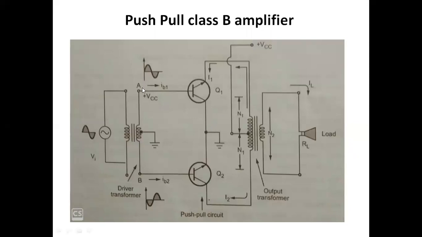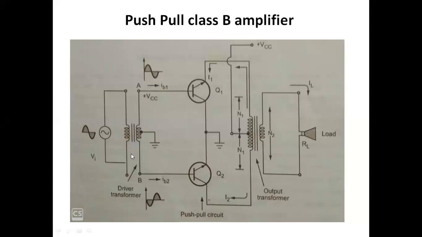The positive half cycle at point A is passed to transistor Q1, which is an NPN transistor. An NPN transistor conducts when we apply a positive signal to the base, and a PNP transistor conducts when we apply a negative cycle to the base. So during the positive half cycle, a positive voltage is applied to the base of NPN transistor Q1, and it will conduct.